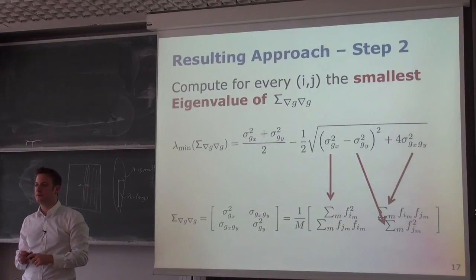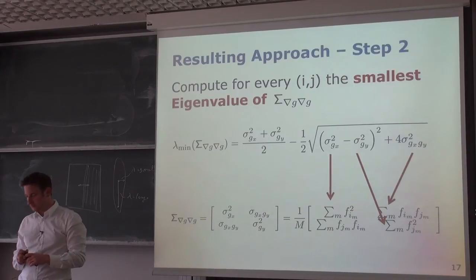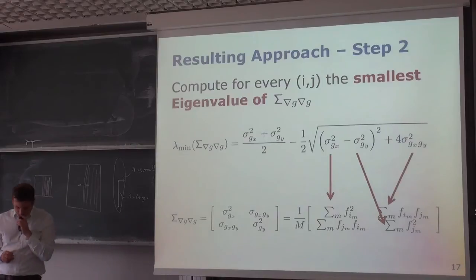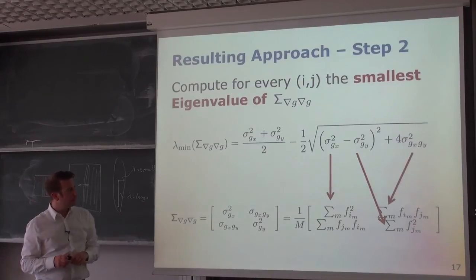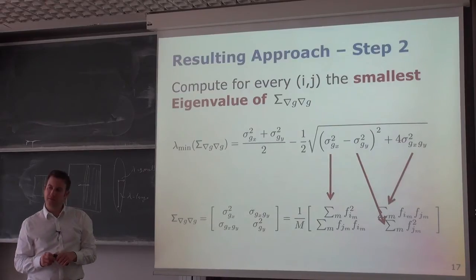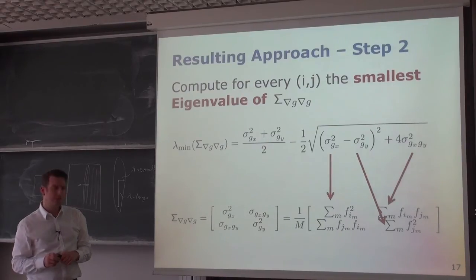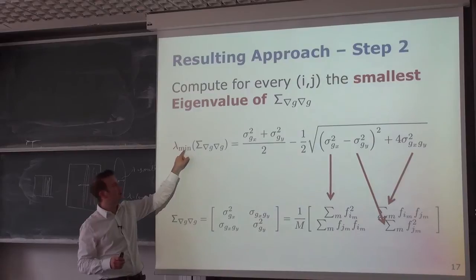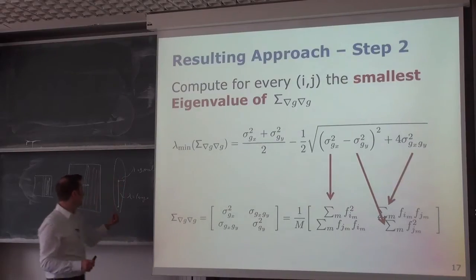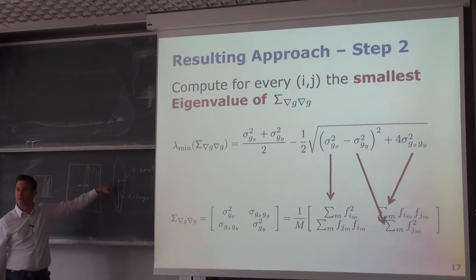Yeah. I'm looking for the smallest eigenvectors because I'm looking for the minimum of the squares. And the smallest eigenvector gives me a small circle, gives me a high certainty. So this is the point. The smallest eigenvector in the gradients will give me the largest eigenvalue in the shift.